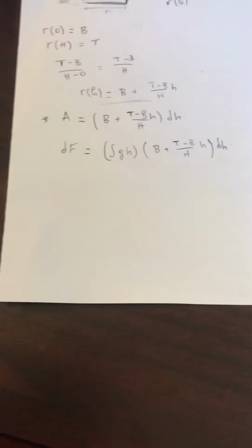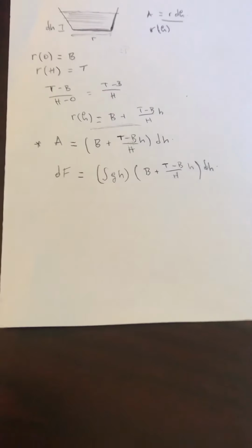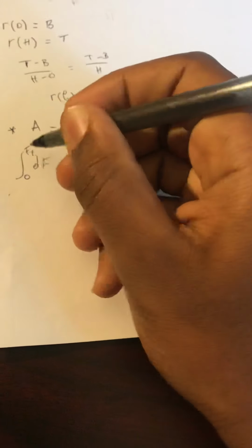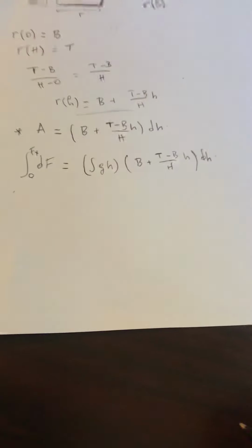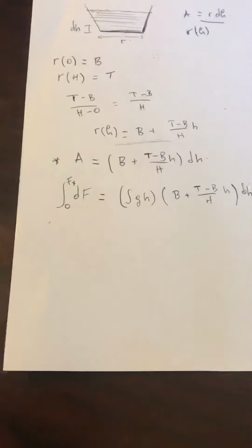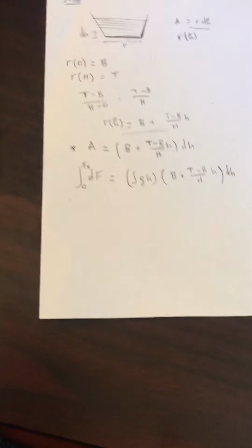Okay, and now we're gonna integrate this thing, and first thing we're gonna do is integrate this side, and the way we're gonna do that is start from 0 to F(x), which is the total horizontal force pushing on the dam wall as a result of the water, and that's what we're looking for.